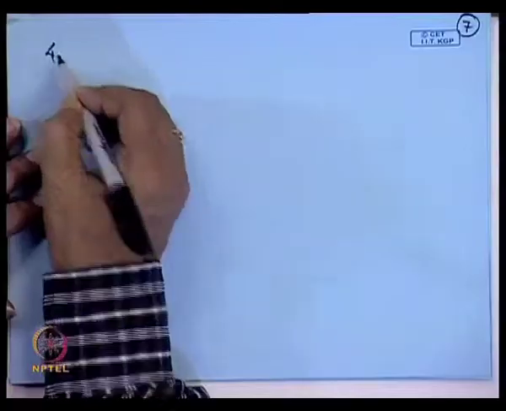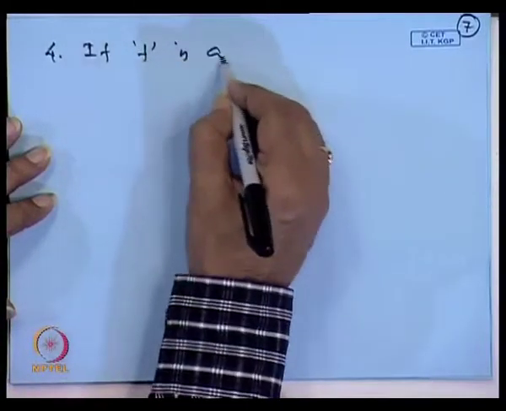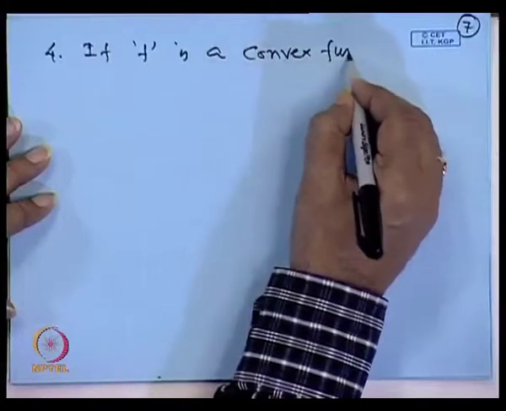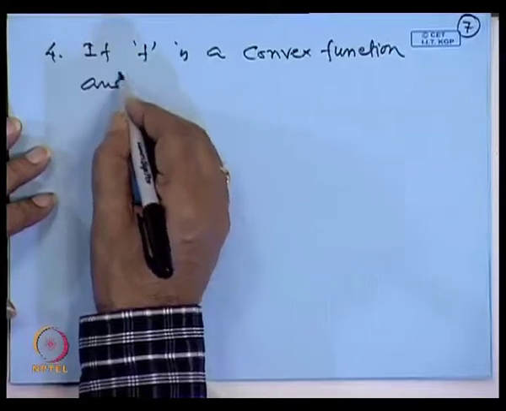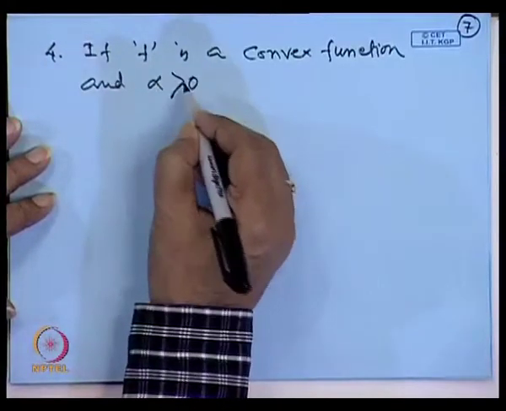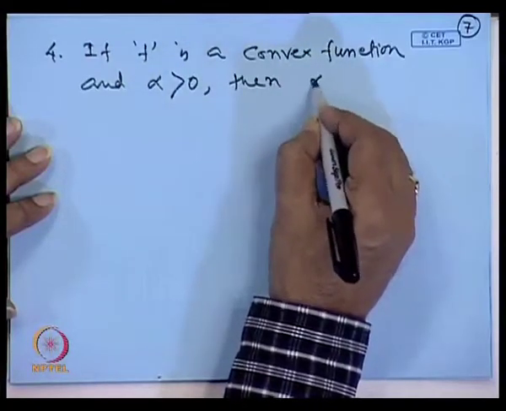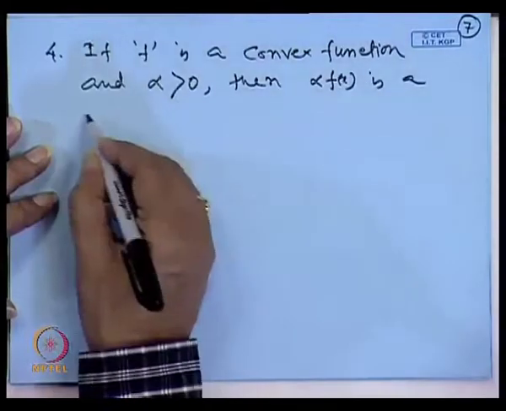Another property: if you have two convex functions f1 and f2, the sum of these two convex functions is also a convex function. So, our fourth point is, if f is a convex function and alpha is a real positive number, then alpha into f of x is a convex function.